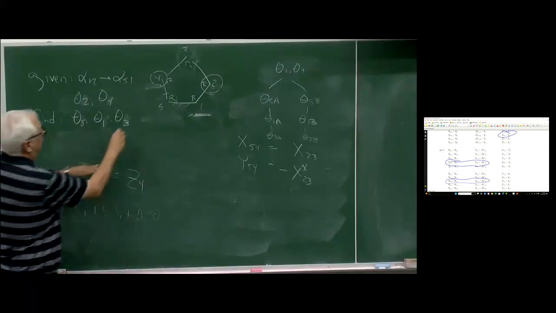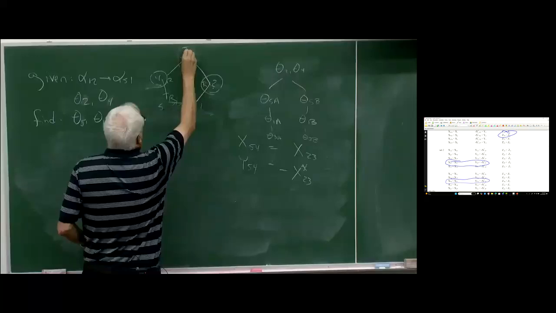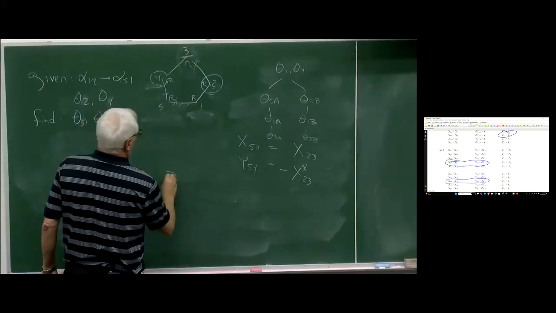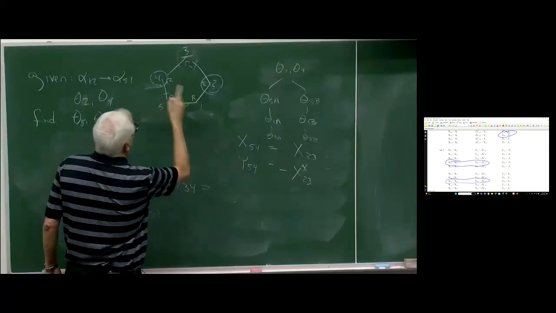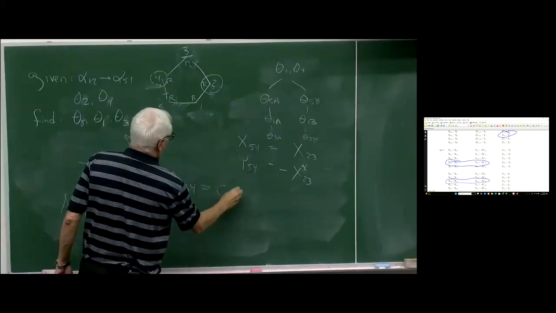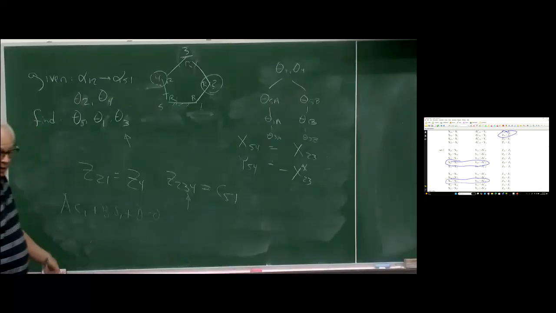If you went for theta 3 first, oh, it's a fundamental. So we're trying to get theta 3, so it's that issue we had before where you had to expand it twice. But you would get it into that format of a cosine 3 plus b sine 3 plus d equals 0. So, yeah.